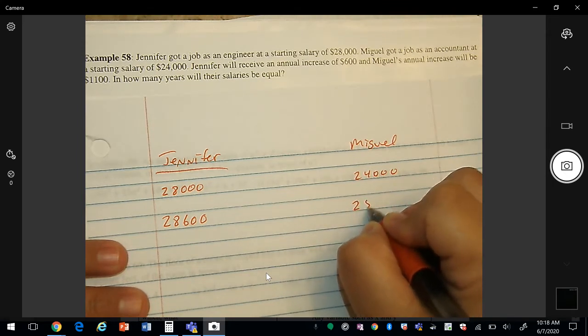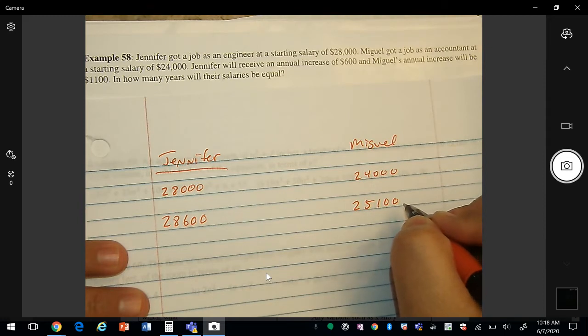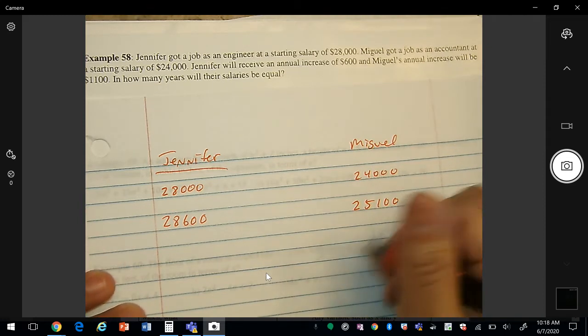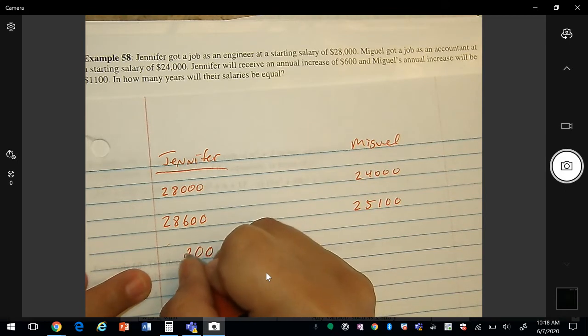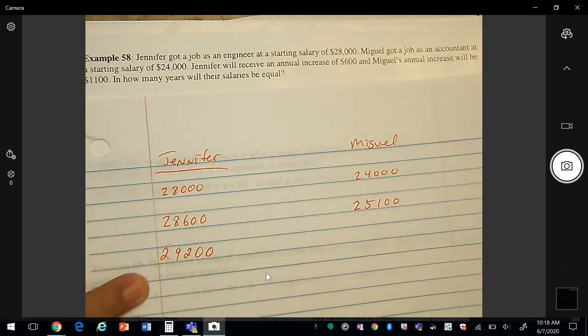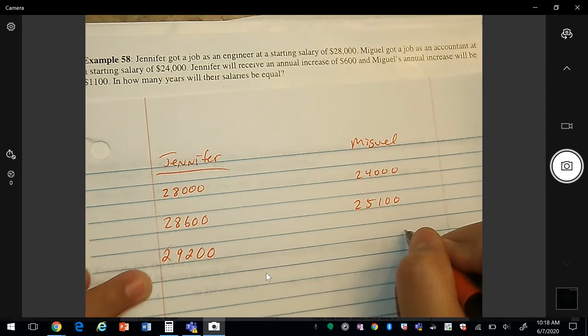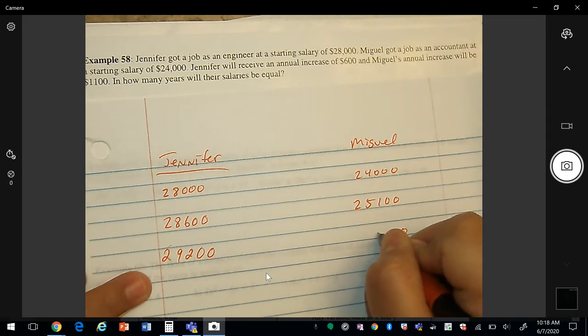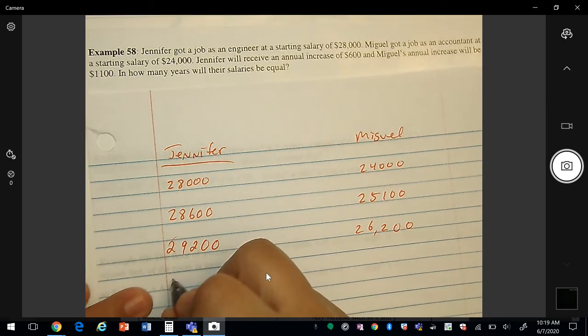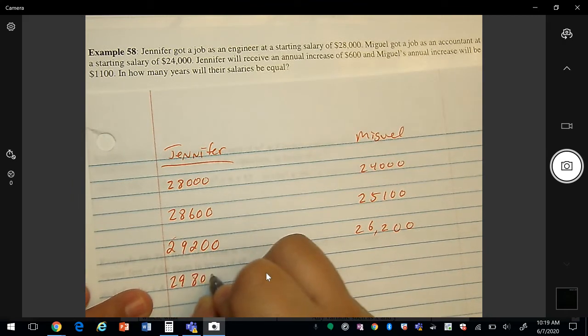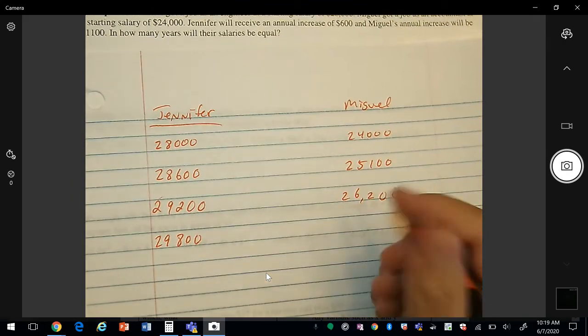So now he's going to be at 25,100. And this is going to keep on going. So the next year here, Jennifer will receive 29,200 and Miguel will receive 26,200. And we keep going until we find the same salary.